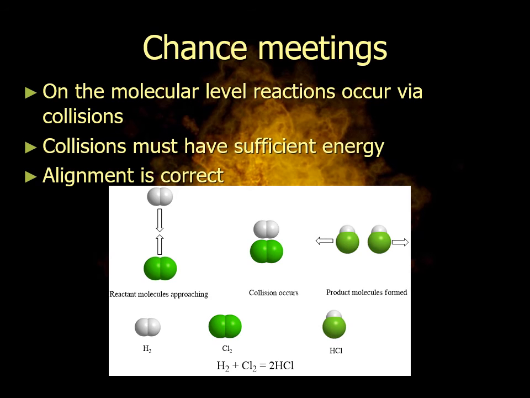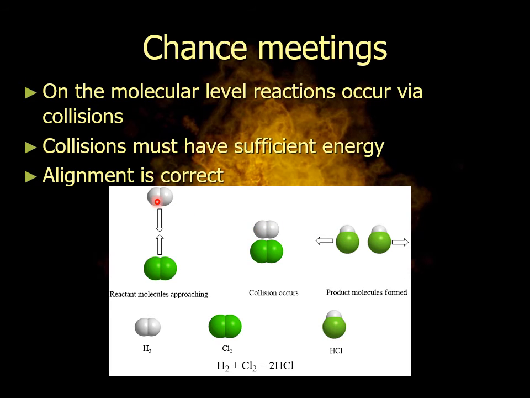So let's illustrate this concept with a very simple idea, almost as simple as you can get. Two diatomic molecules. We've got a white diatomic and a green one. They could represent H2 and Cl2. And the products here are going to be HCl, which is one green one and one white one.